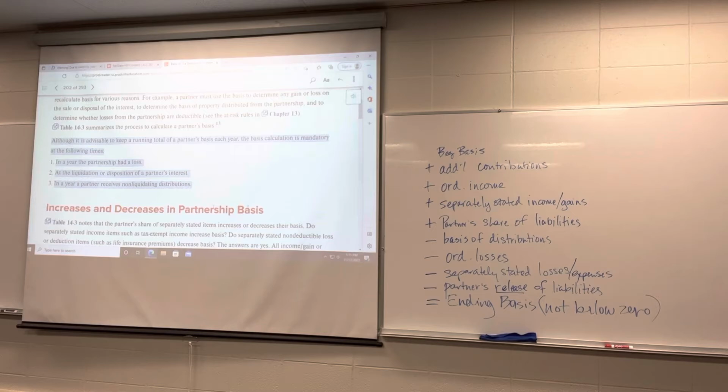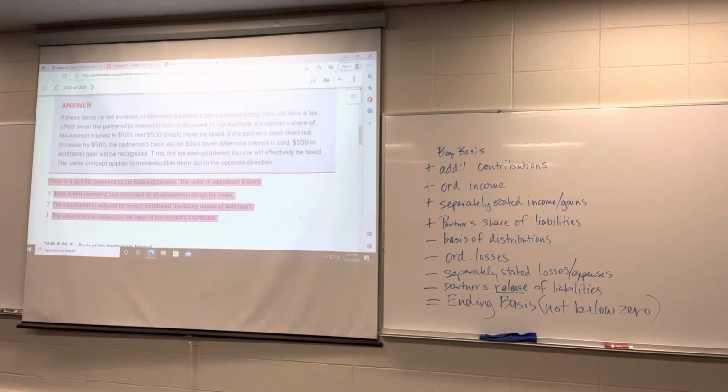And in the year that a non-liquidating distribution is distributed. So where it says basis of distributions, anytime that happens, and anytime the next one, the ordinary losses, happen as well. But it's got to be in this order.